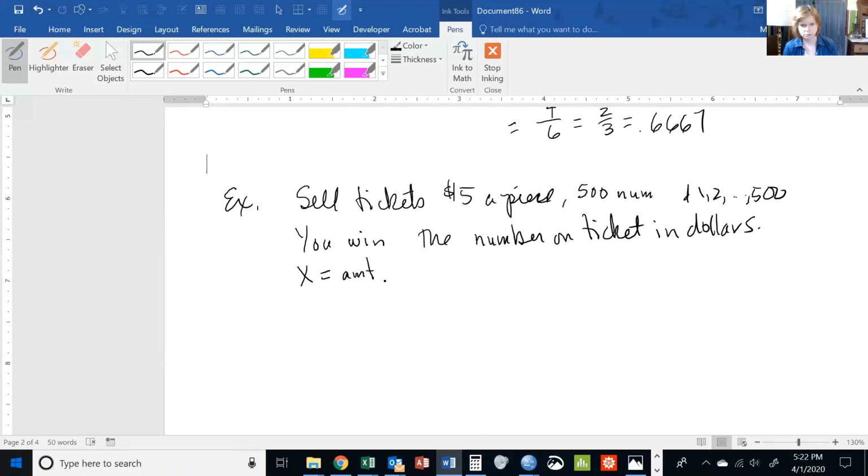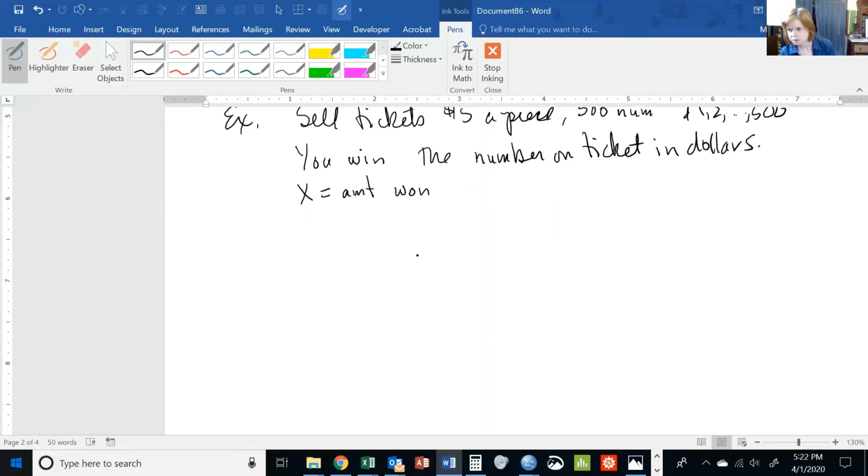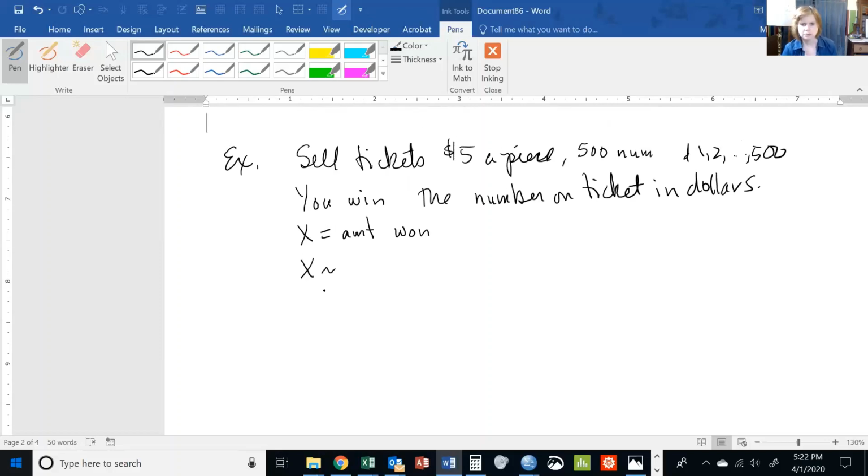So X equals the amount. Then X has what distribution? I've got 500 possible tickets here. And actually, this is the amount that's paid to the winner.